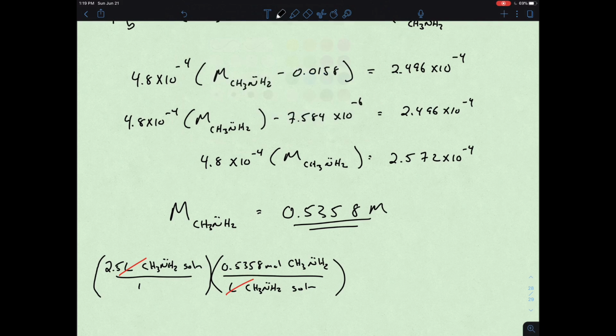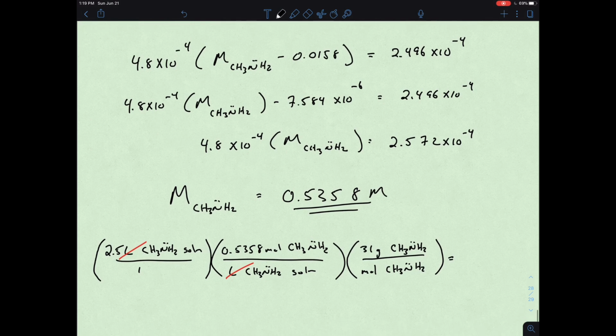And then if we multiply that by the molar mass, and methylamine weighs around 31 grams per mole, we can get our mass.